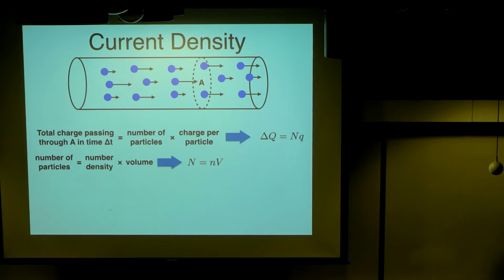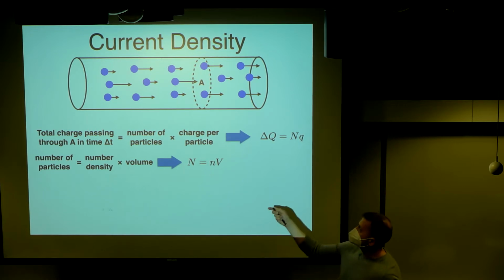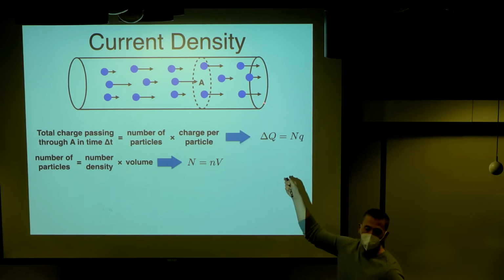Now let's be really clear about how this is going to work, okay? Since we're talking about some time interval delta t, a whole bunch of particles are going to move through in that time interval, right? So if a particle moves through the area at the very start of that time interval, at the end of that time interval, now it's going to be over here somewhere. It's going to have moved past that surface.